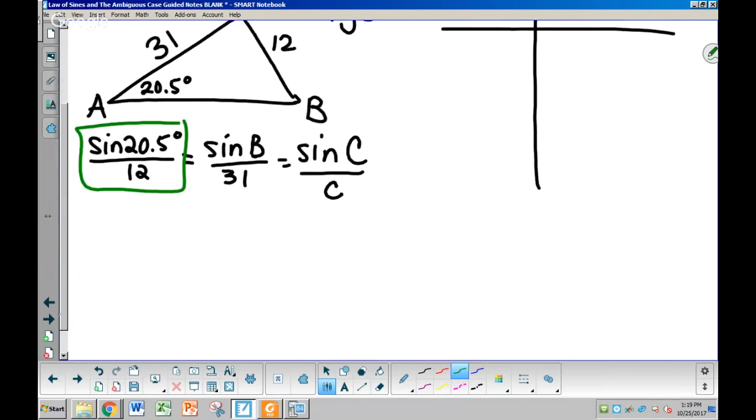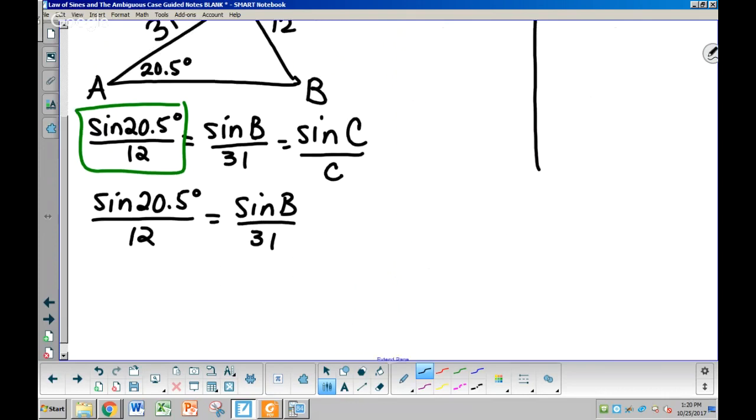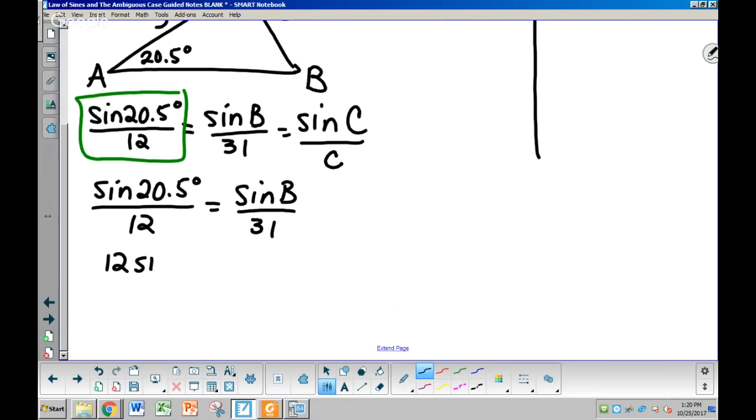So we're going to start with our go-to ratio and solve for angle B. So we're going to say the sine of 20.5 degrees over 12 equals the sine of B over 31. Cross multiplying, we get 12 times the sine of B equals 31 times the sine of 20.5 degrees.